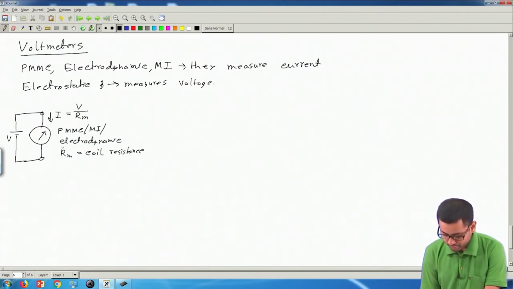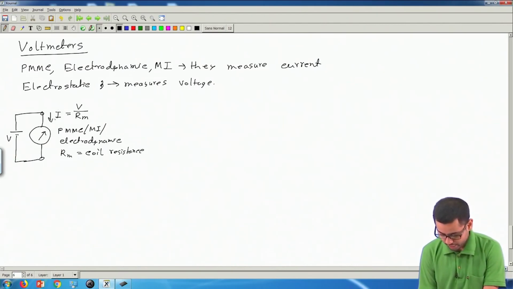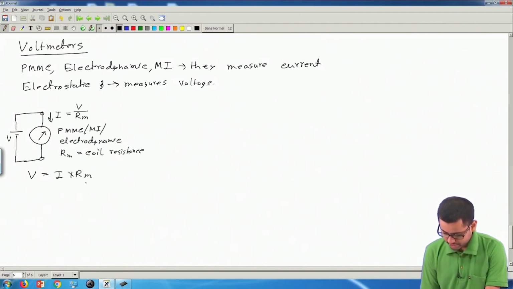Now, if we know the value of Rm, the pointer will of course indicate the value of I, because this type of instruments always indicate the value of the current in their pointer, and if I know the value of this resistance Rm, then I can always find V equal to I times Rm, if Rm is known and I is observed.